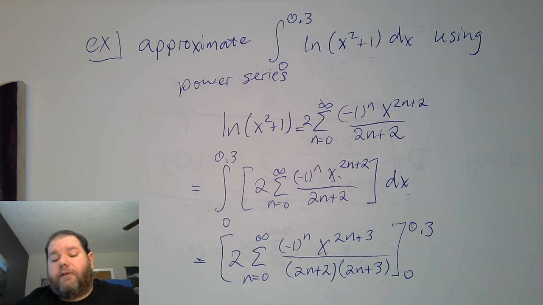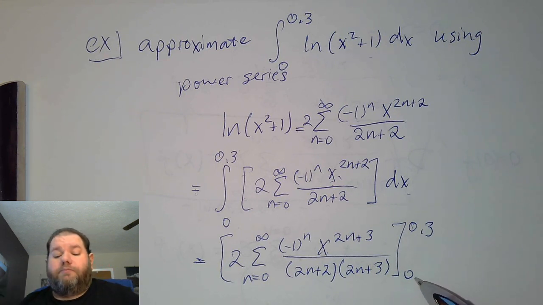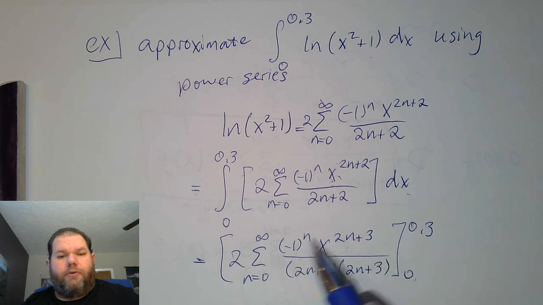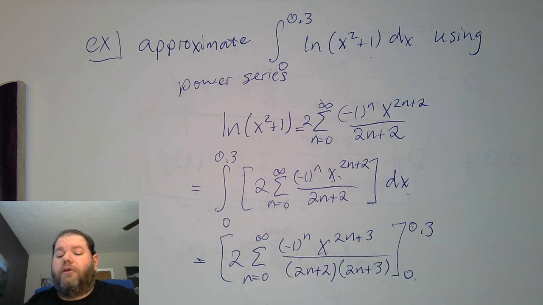So this is the expression that we have. This is our power series, and we want to evaluate it between these values. Now, we know what happened the last time we plugged in 0 to a power series. X is 0 here, it just zeroes out the whole thing. So plugging in the bottom limit of 0 just makes a big 0. So really we only need to plug in 0.3.